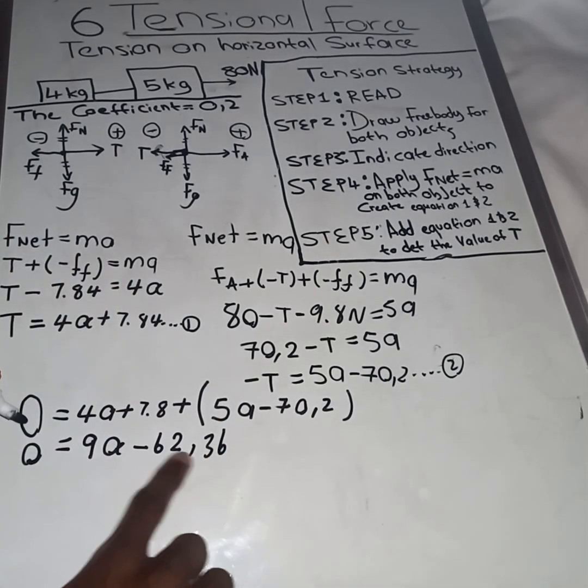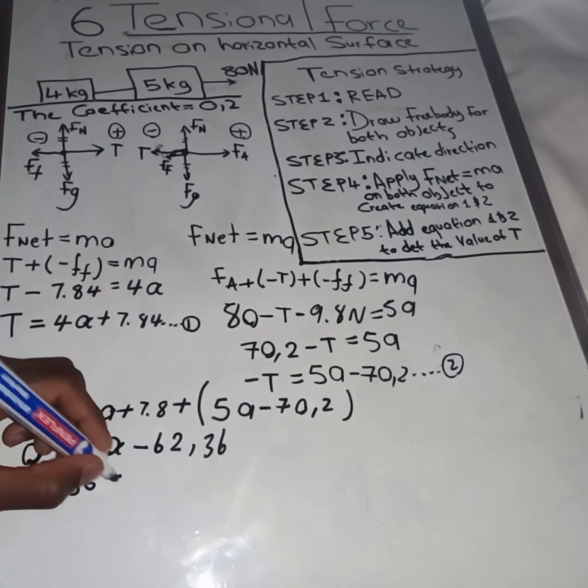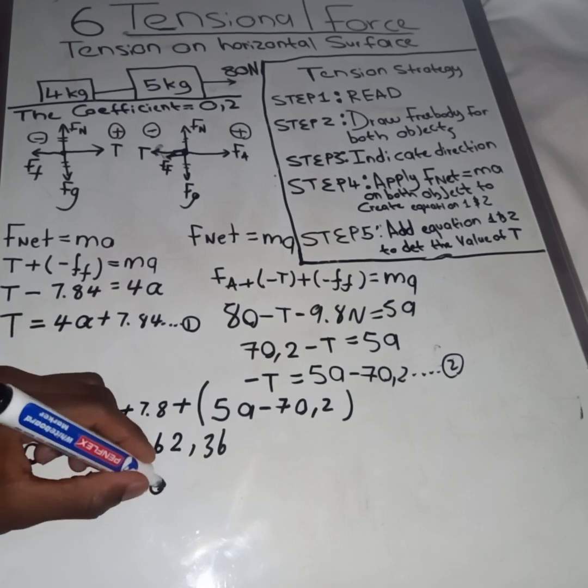We are going to transpose 62.36 to the left. It becomes 62.36 equals 9a.